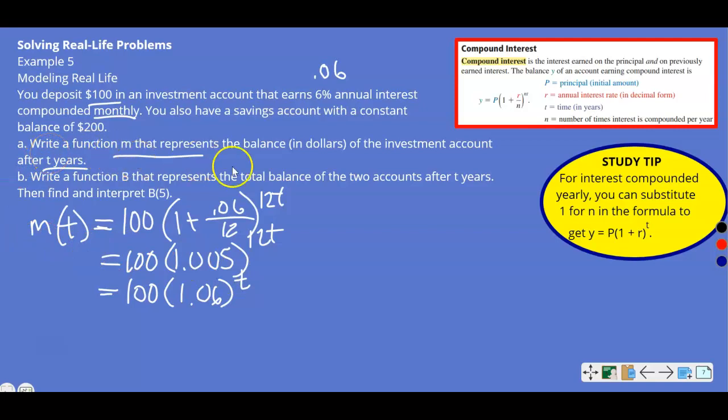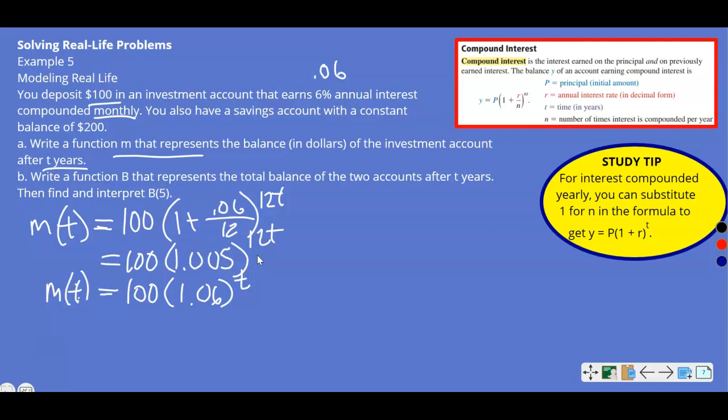Write a function m that represents the balance in dollars of an investment account after t years. So m of t equals 100 times 1.06 raised to the t power. If you want to leave it in this form, that should be fine as well. But that is the answer to part A.